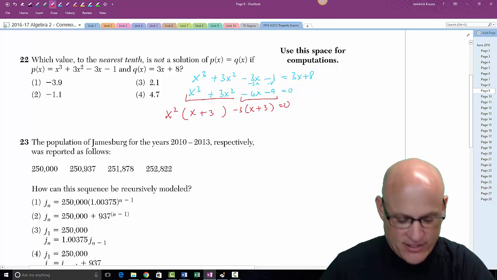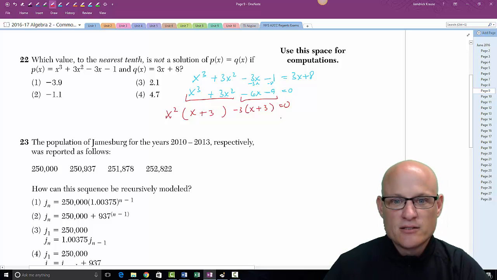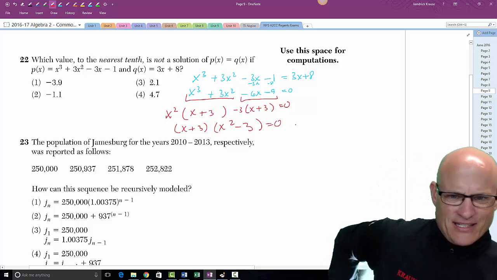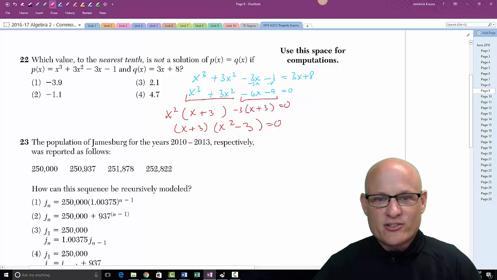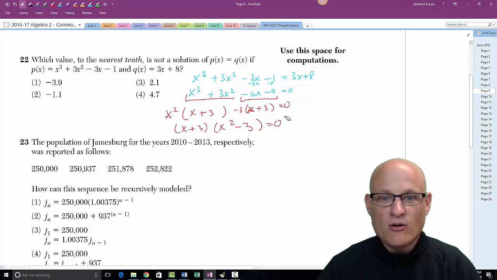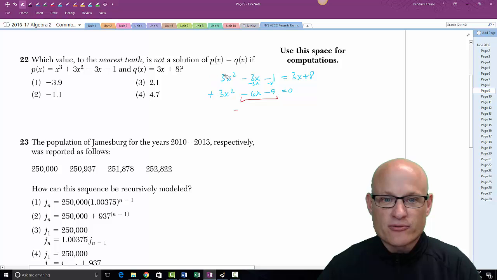Now your parentheses have to match if this is going to work. So I have x plus 3 and x squared minus 3 as the factors. Wait, is that right? Did I do that right? Oh, no, I didn't. This is a 2x. So I can't even factor this. I thought I could factor this thing. Wow, we are in trouble here.